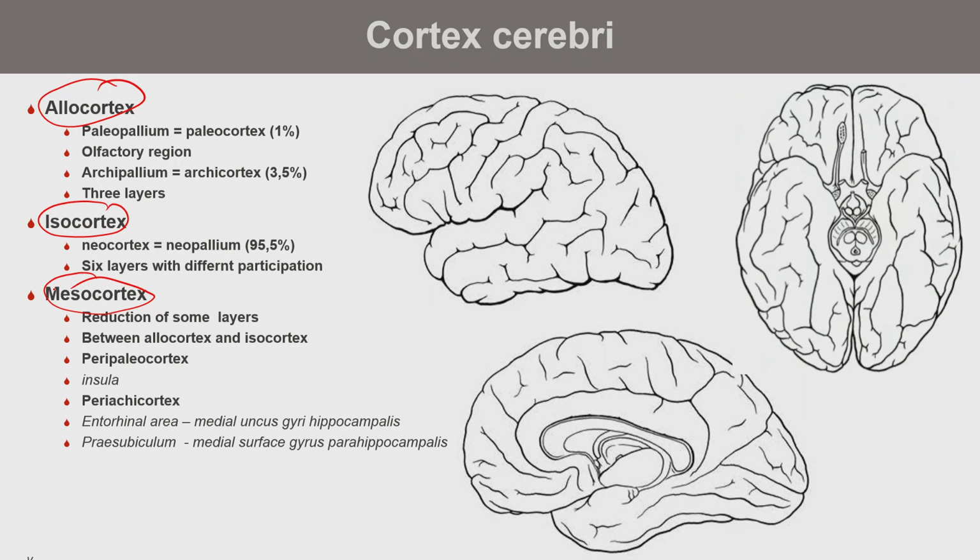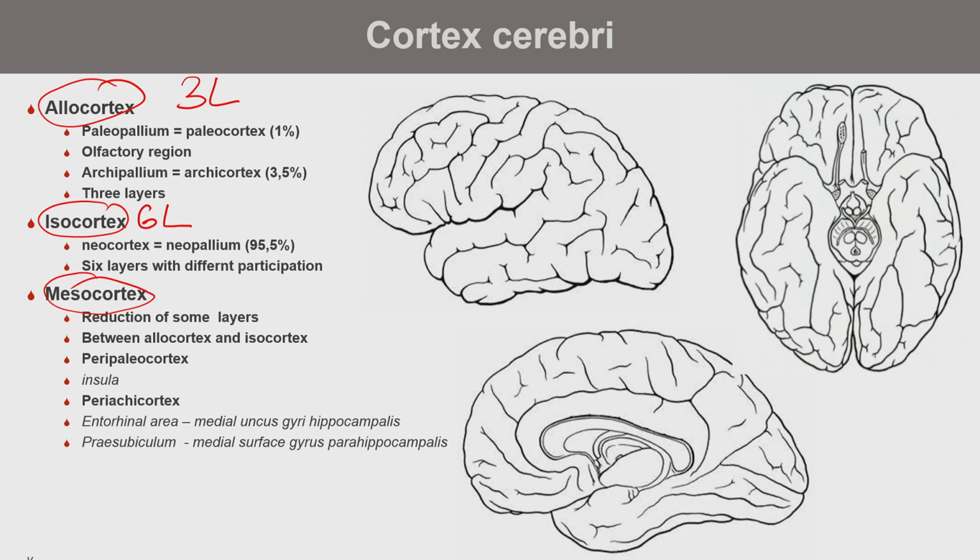Mesocortex is something between allo and isocortex. Allocortex has three layers, isocortex six layers. Isocortex is what is overgrowing in mammals, and very much in humanoid primates and most in human.